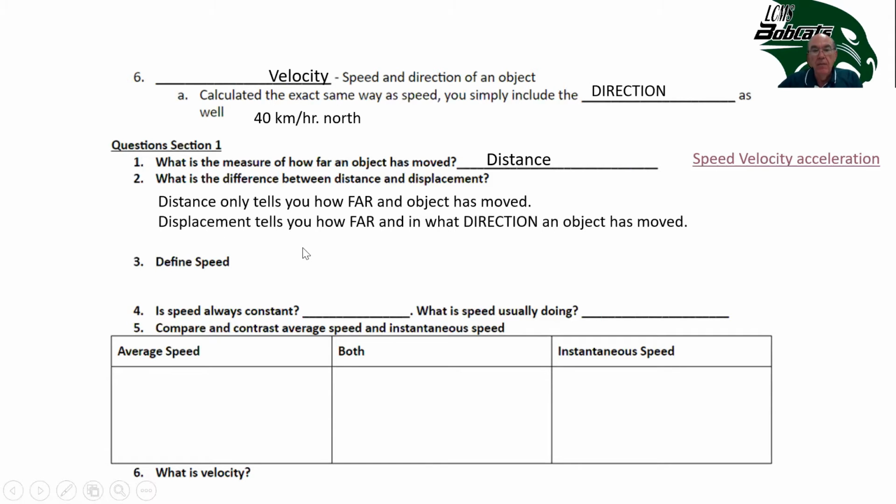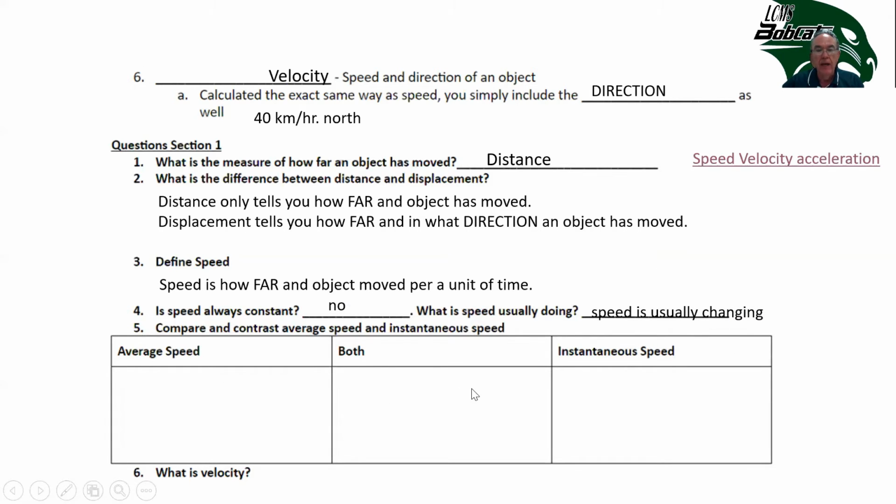Okay, so a displacement also tells us how far and in what direction an object has moved. Define speed. Speed is how far an object moved per unit of time. Is speed always constant? No. It's very rarely constant. What is speed usually doing? Speed is usually changing.